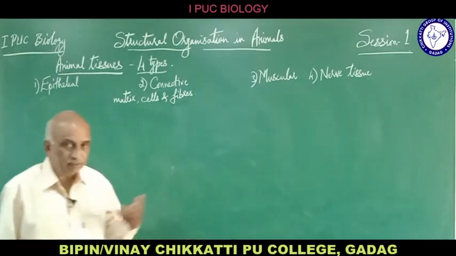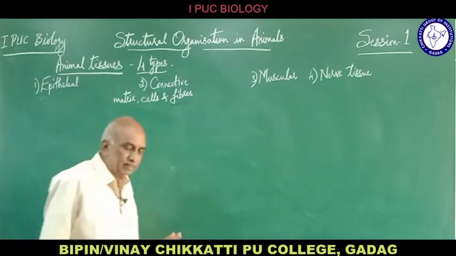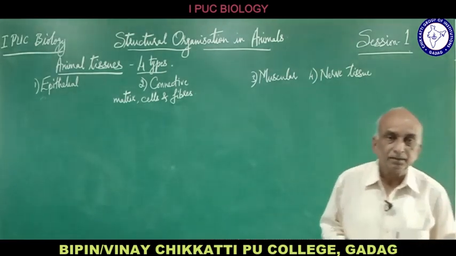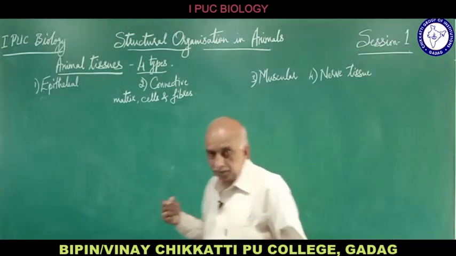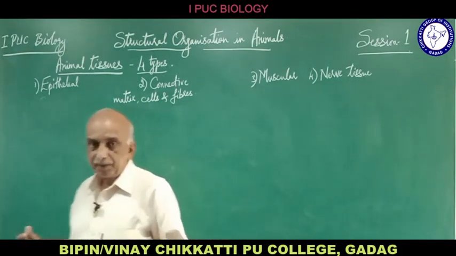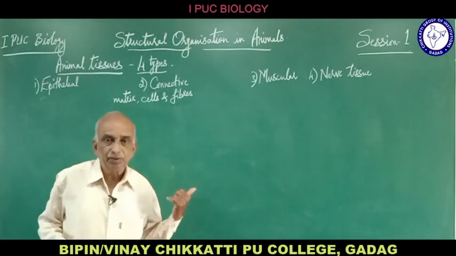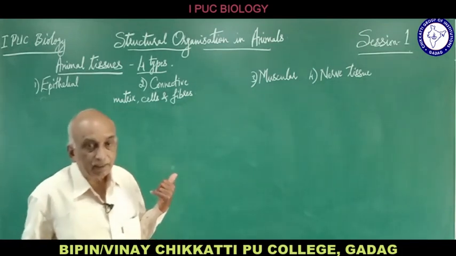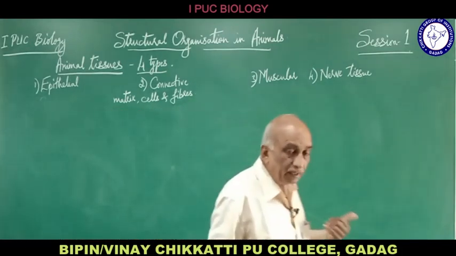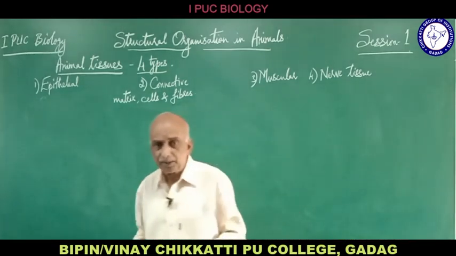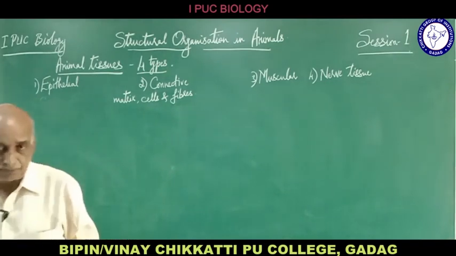And again, the cells are not arranged in a particular pattern. As in epithelial tissue, the cells are arranged in a line, in a layer, or in a row. But in connective tissue, there is no specific arrangement of the cells. They are irregularly scattered, irregularly distributed in the matrix or the ground tissue.